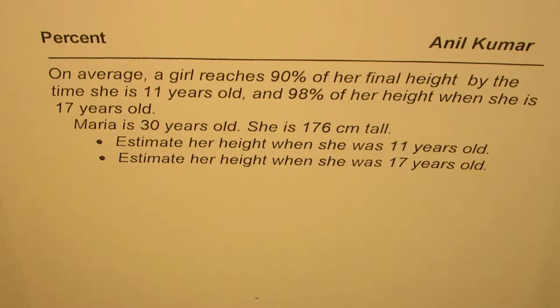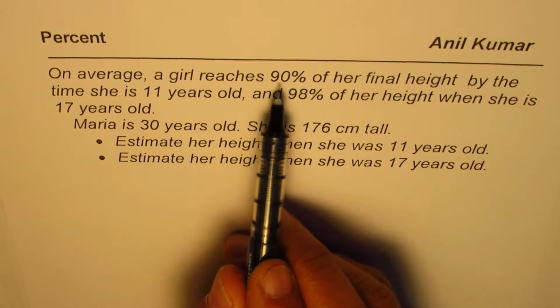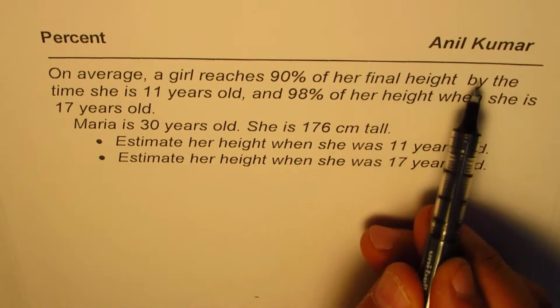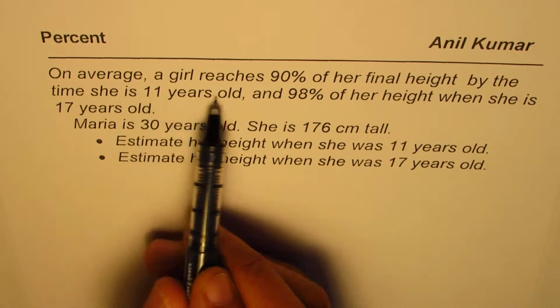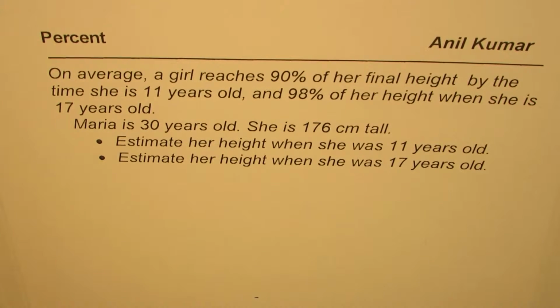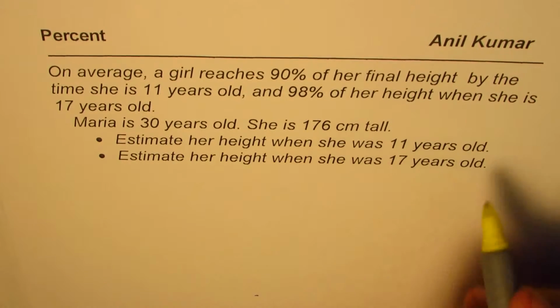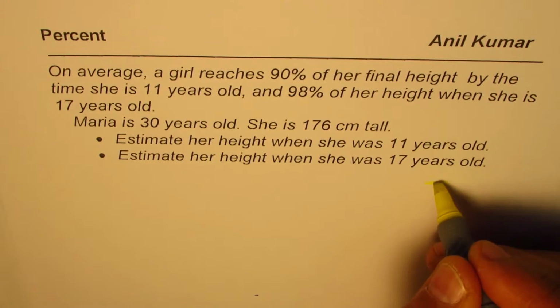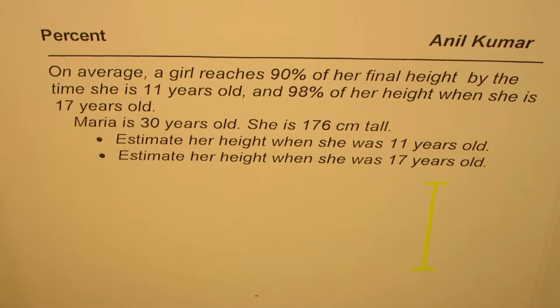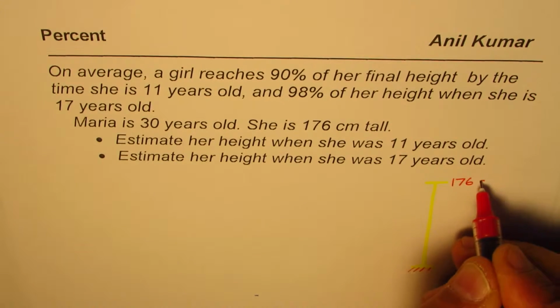Let's try to understand it. So what we have here is some information. That is, a girl reaches 90% of the final height by the time she is 11 years old. Now here we are given that Maria is 30 years old. So let us say 176 is the final height. So this is the final height, and we are saying from here, the height is 176 centimeters.